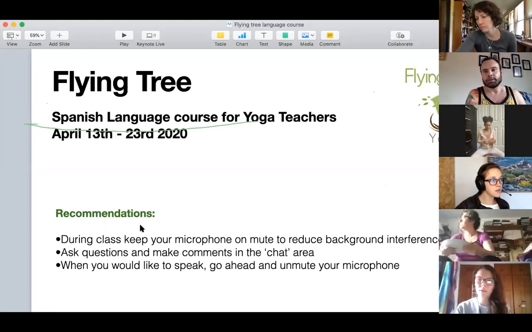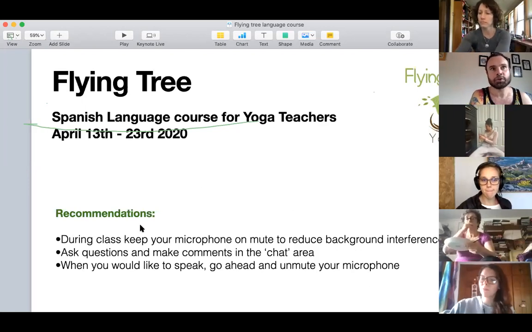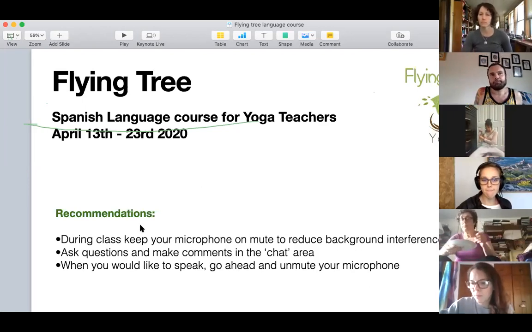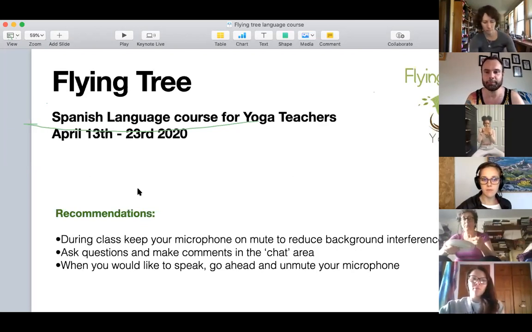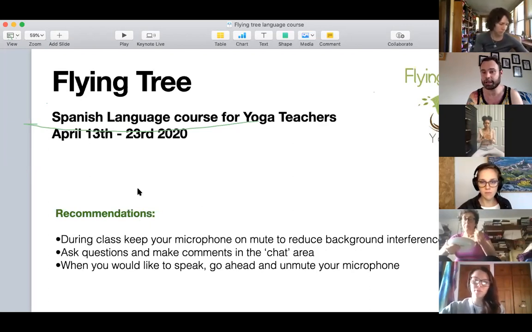As part of the course, taking these native classes in Spanish, the expectation is not that you're going to understand everything straight away. There's a lot of language out there. The teachers can speak pretty fast; they're speaking for native speakers, not for learners.